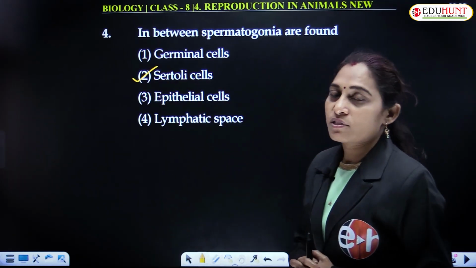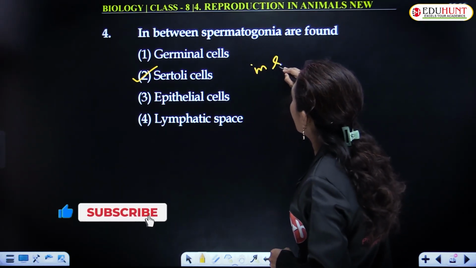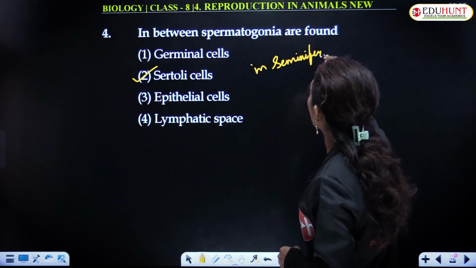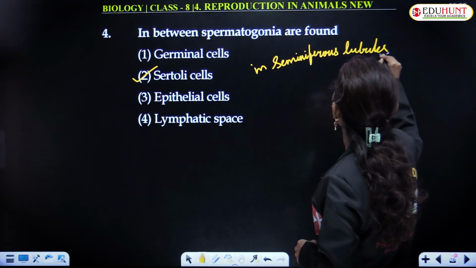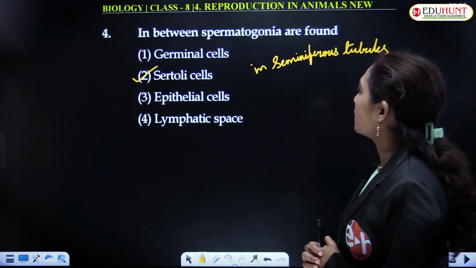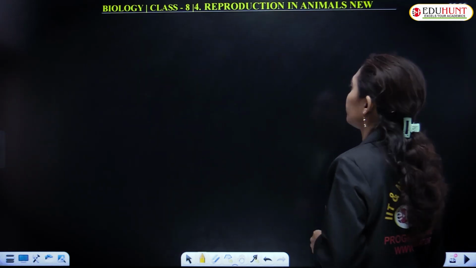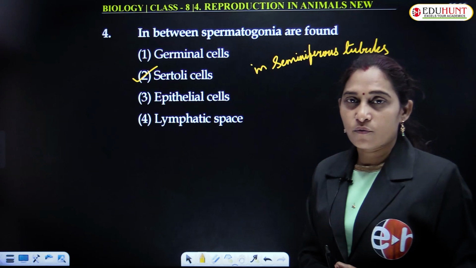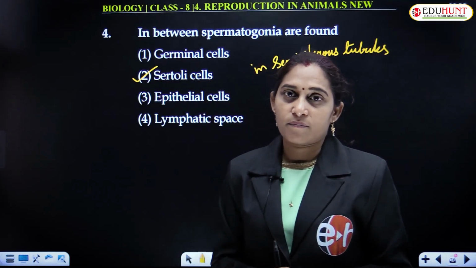Sertoli cells of the seminiferous tubules are present in between the spermatogonia. So these are only 4 questions, very simple and direct questions.